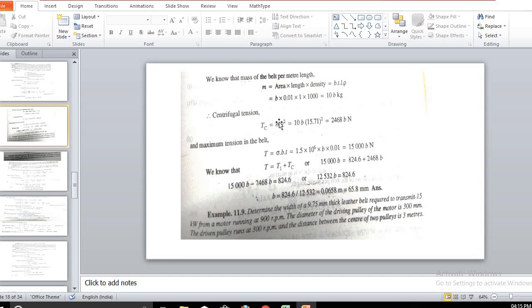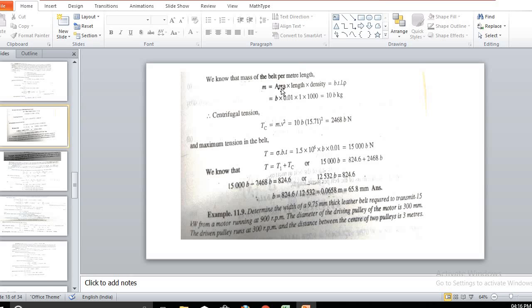But this m is not known to us. M is nothing but the mass. But here density is given to you. Density is nothing but mass per unit volume. And volume is nothing but area into length.